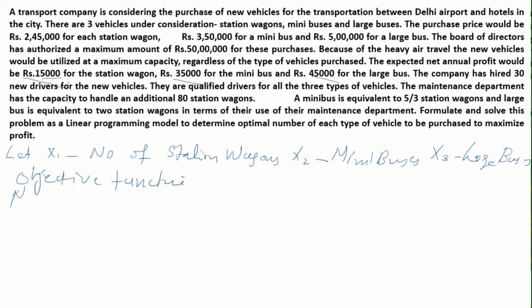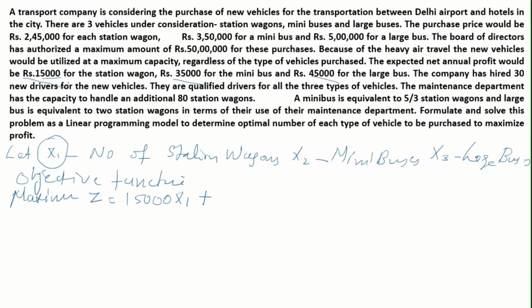So maximize Z equals 15,000 profit for 1 unit of station wagon. We have x1 units of station wagon, so it is 15,000 into x1, the total profit fetched by station wagons.